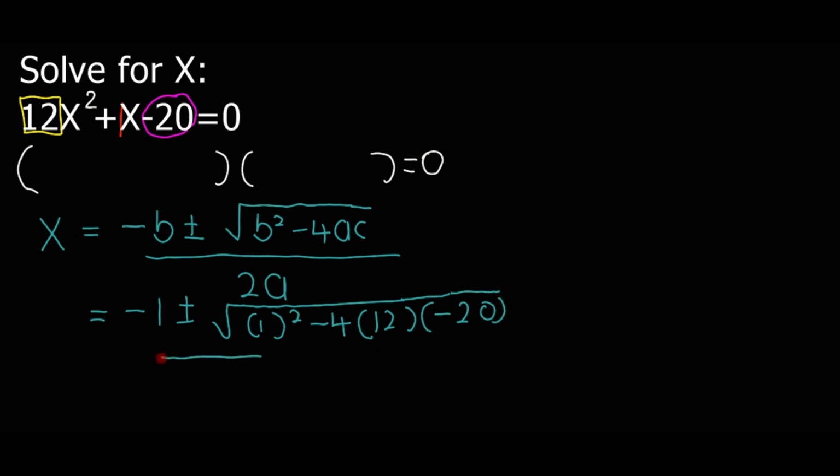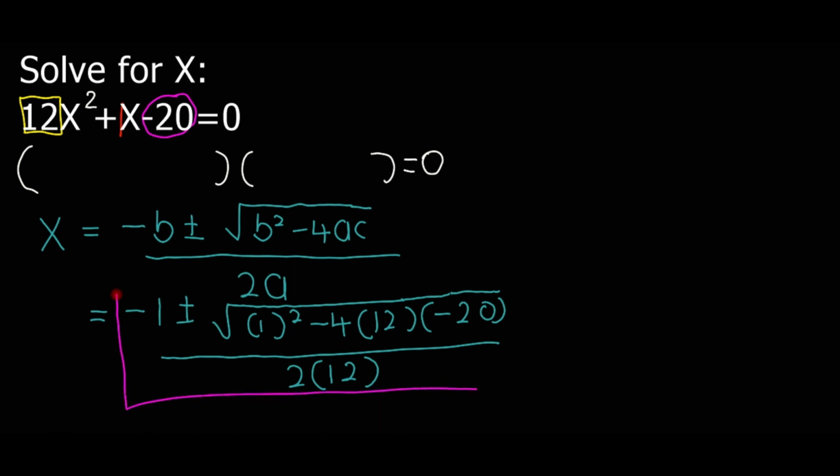and then below we have 2 times a, which is 12. Because we know that we only want to find the factors, there is no need to continue with this formula. You will just press on your calculator minus 1, and then do the first one with plus, and then open the root, and press everything, and then below you have 2 times 12.